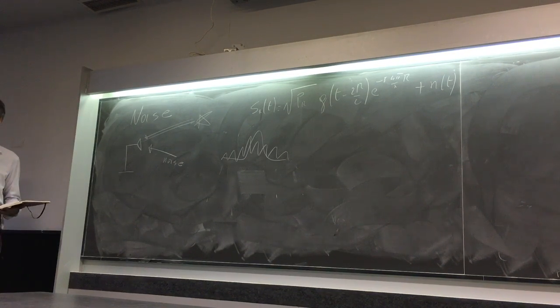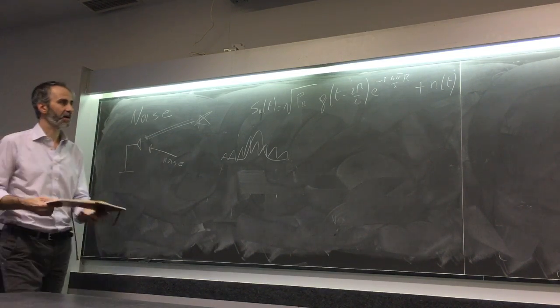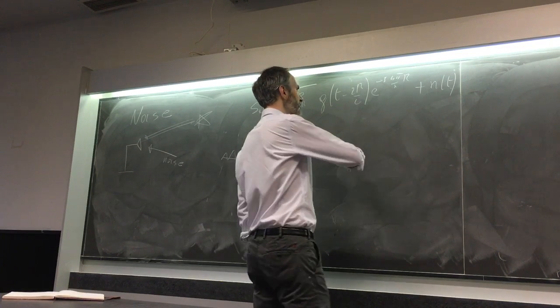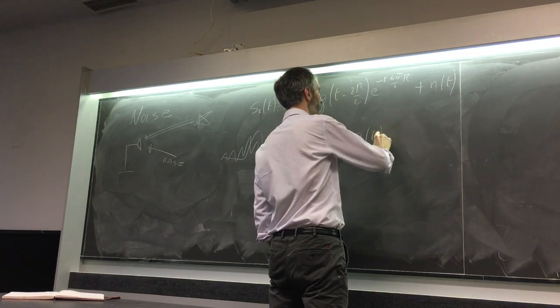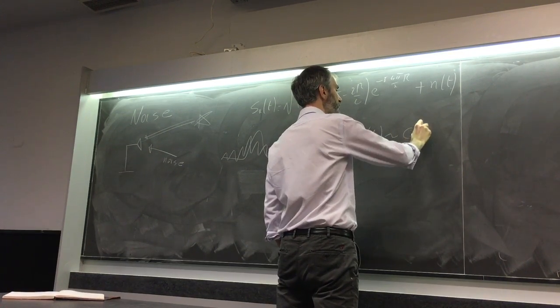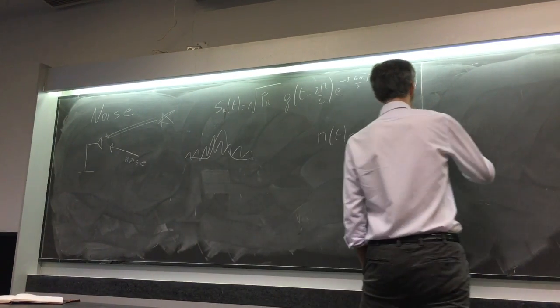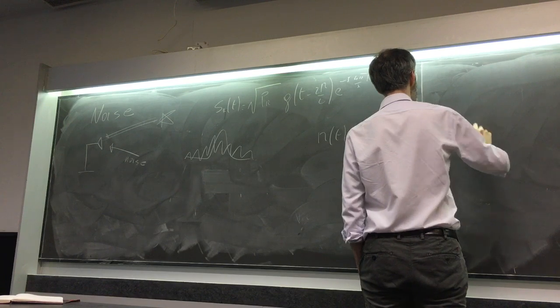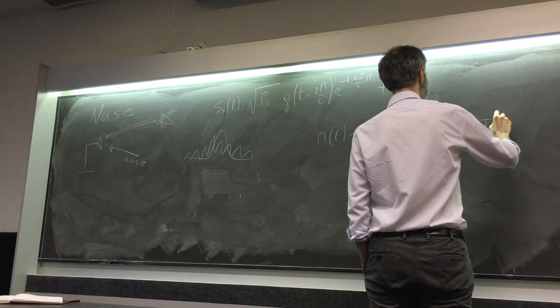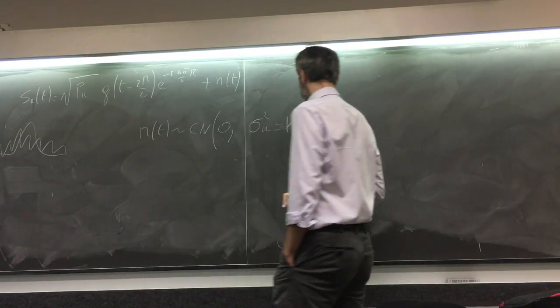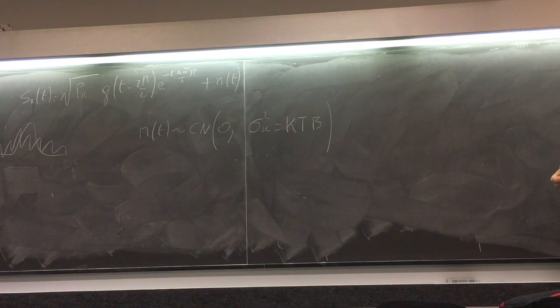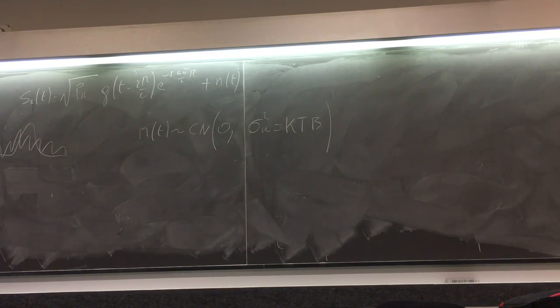Now, you all gave communication, so I think that you already know how to characterize this noise. So for what concerns this course, this noise is again a circular Gaussian variable with zero mean and with variance equal to KTB. So the Boltzmann constant times the temperature times the bandwidth of your antenna.